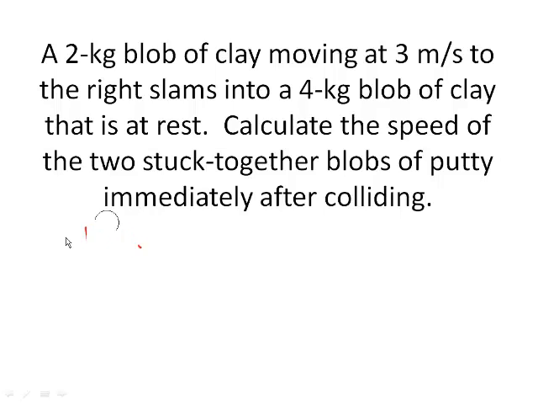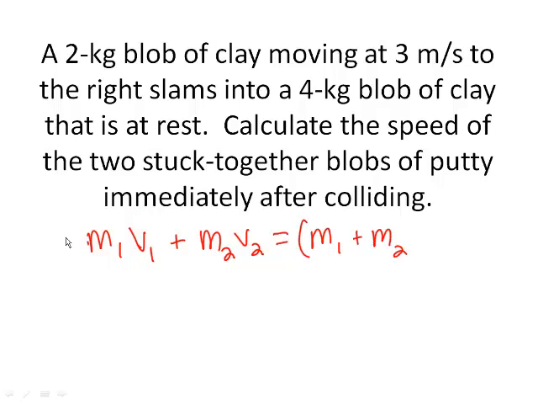We have mass 1 and velocity 1 plus mass of object 2 and velocity of object 2, which is equal to, once they become together, the mass of one object and the mass of the second object together, and they're going to have a combined velocity.